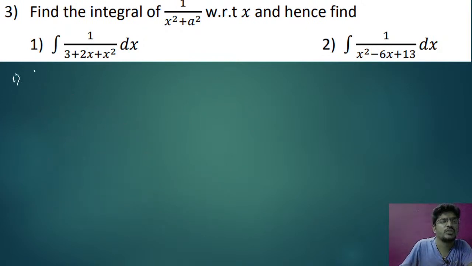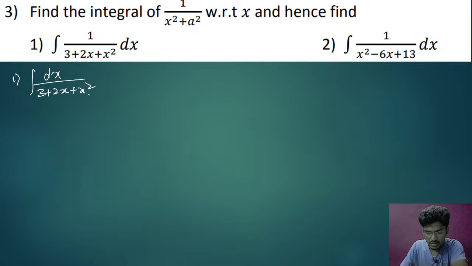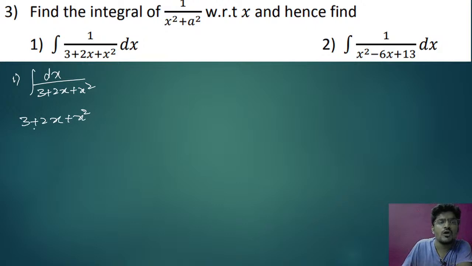See, first problem, dx divided by 3 plus 2x plus x square. So from this what you can see here, 3 plus 2x plus x square, no problem. All the values are plus, so you can take plus as common, no changes. So now I will write it as a bracket square.